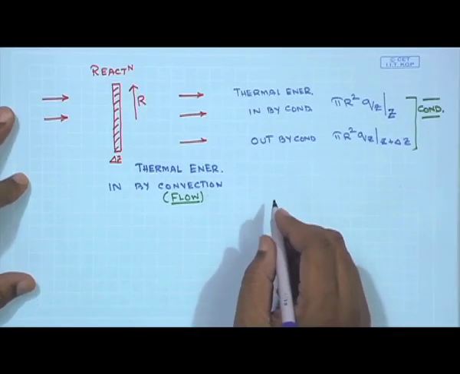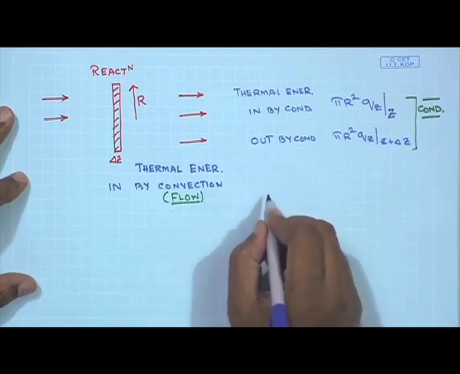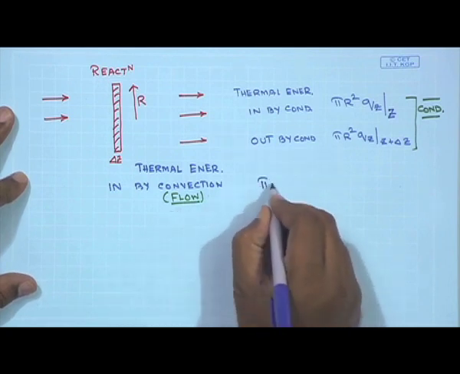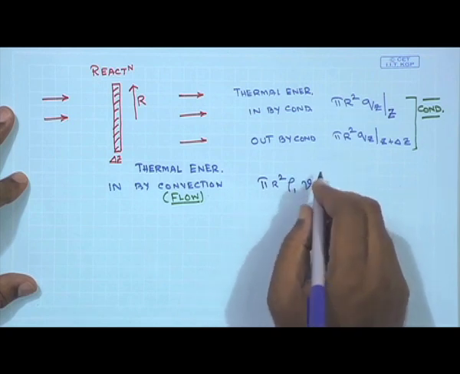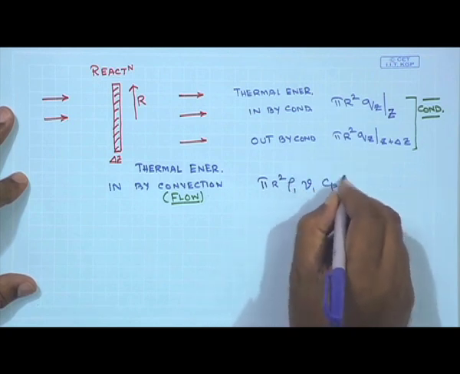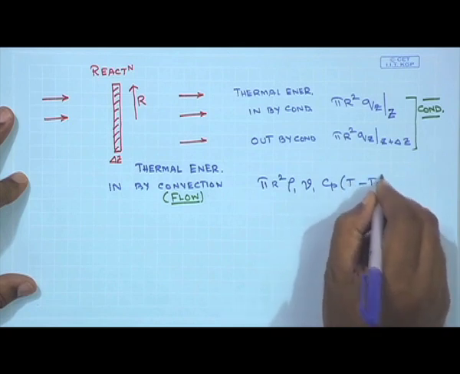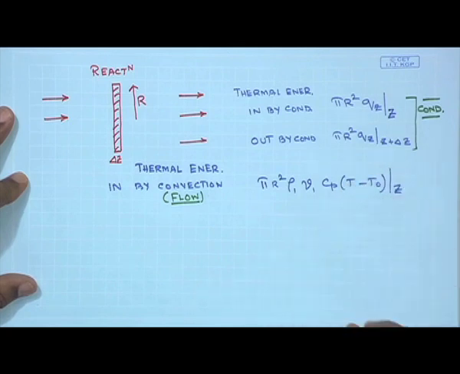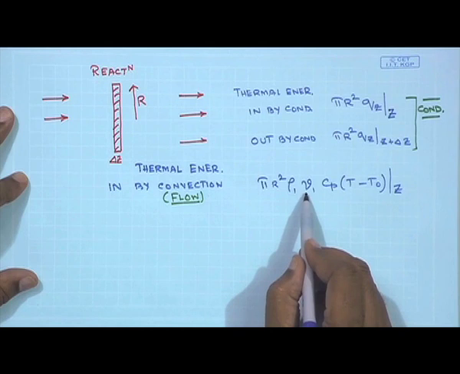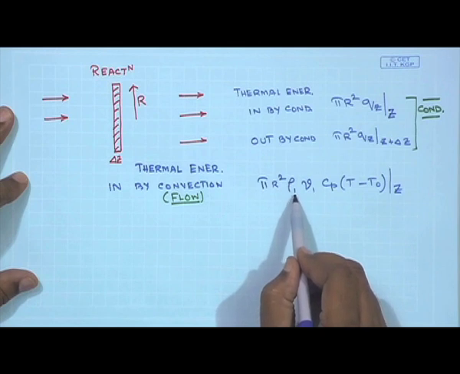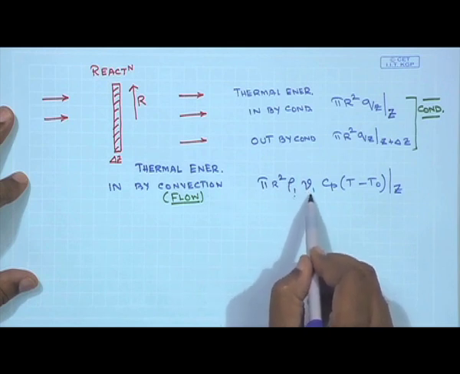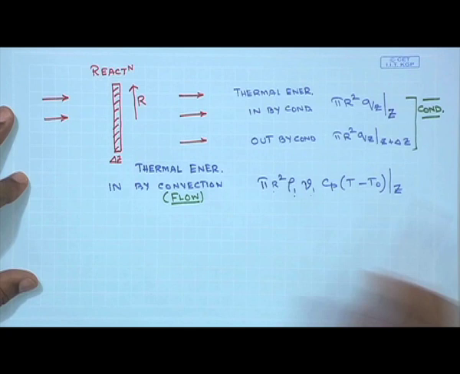So, the thermal energy in by convection due to flow, as I said, would be pi r square rho velocity Cp T minus T0 evaluated at Z. Now, I could have used velocity at Z, but what I have done is I have expressed rho at the entry condition, velocity at the entry condition, and this is the area.